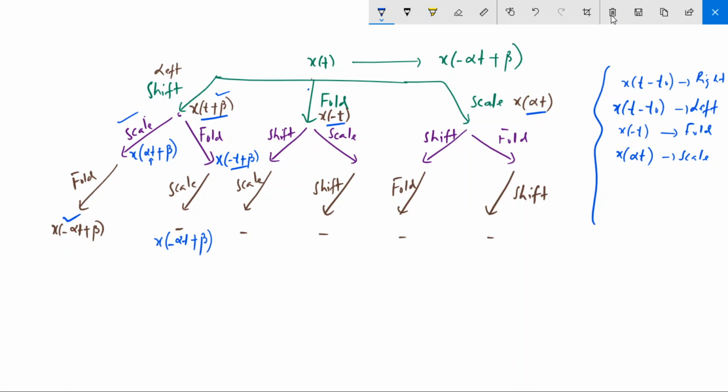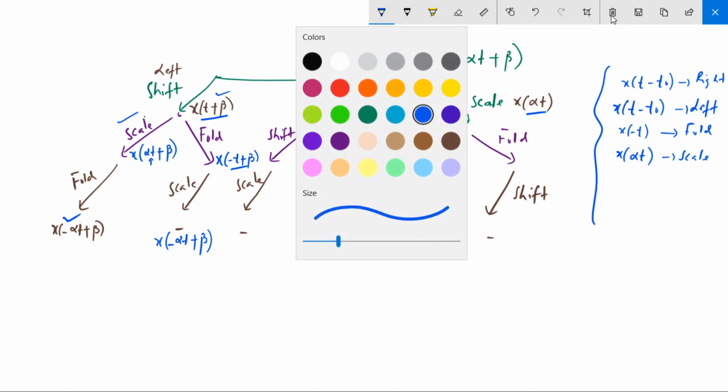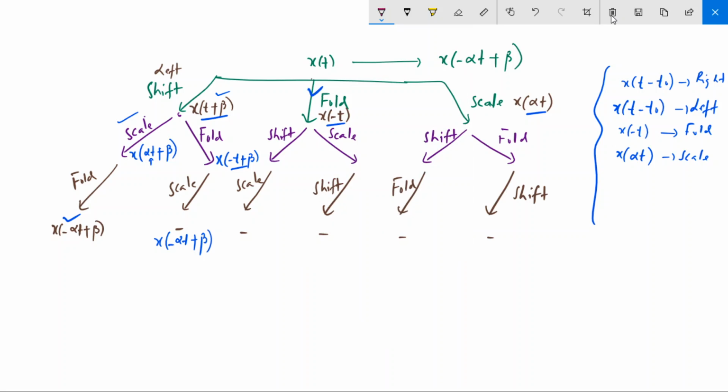Now see in the second branch, you have folded it, it is already x of minus t. Now if I shift it, I have to generate x of minus t plus beta.